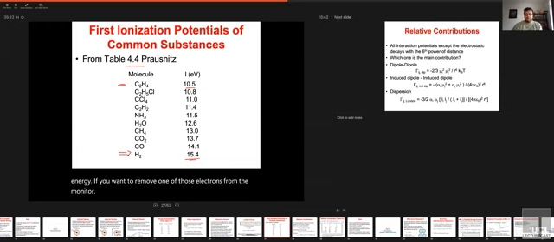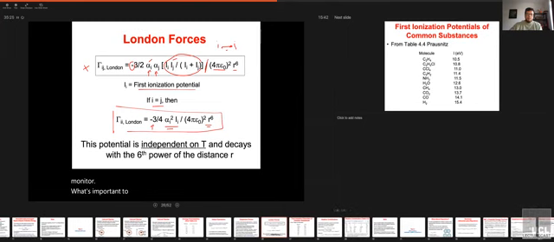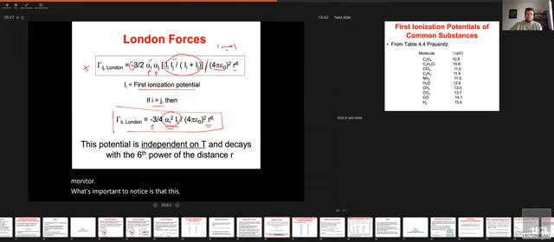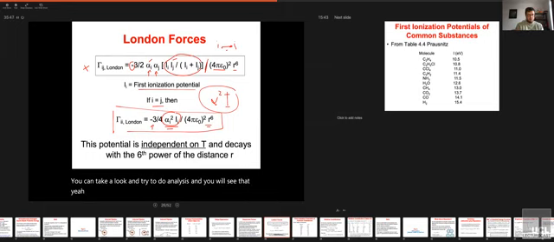What's important to notice is that this factor, the square of the polarizability, so alpha squared times the ionization potential, is approximately of the same order of magnitude for most of the molecules you are interested in. You can take a look and try to do the analysis, and you will see that, yeah, it changes, of course, if you look at methane versus water, but the order of magnitude does not change too much.